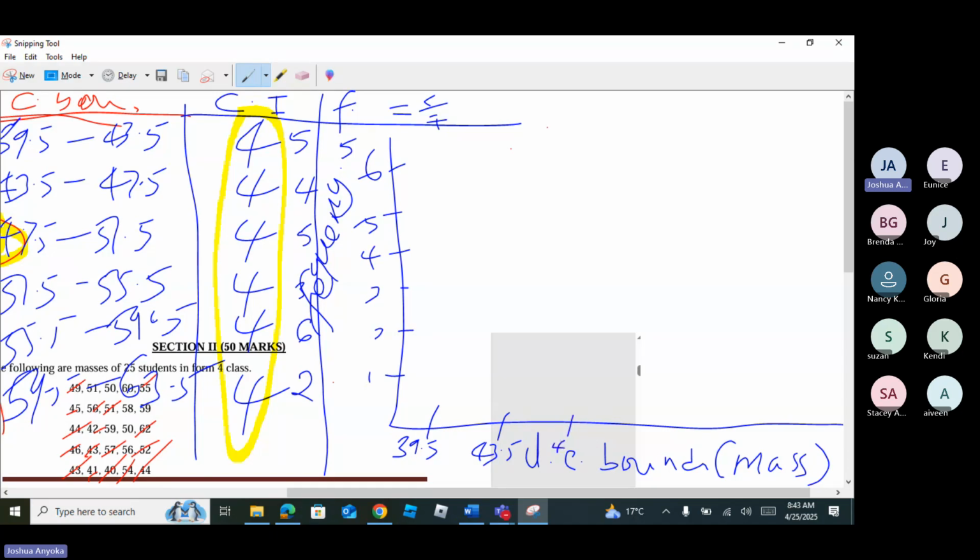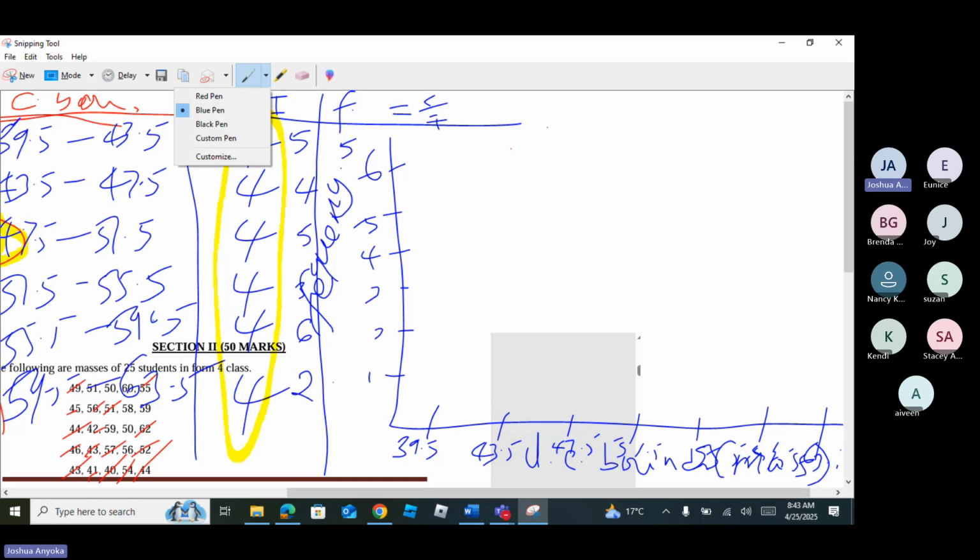Next is 47.5, 51.5, 55.5, 59.5, and 63.5. It may not be very clear, but those are the upper class boundaries. We start with the lower class boundary of the first class, then we proceed with the upper class boundaries of all other classes. Then we do the plotting.